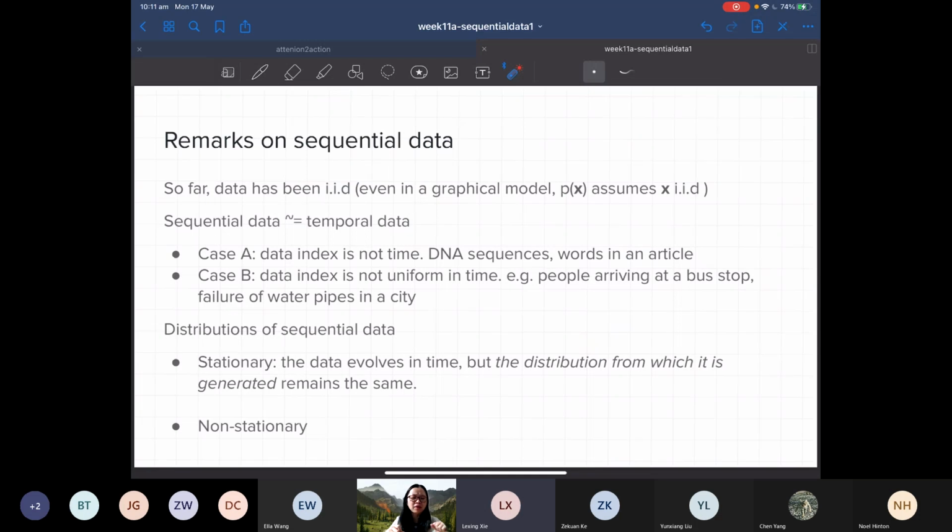There's another case where temporal data is also a fascinating subject, which I personally worked on for a fair bit in the last few years. The data index doesn't have to be uniform by some common notion, right? For example, suppose we go to a bus stop with a stopwatch, and we record the interval between which people arrive at the bus stop.